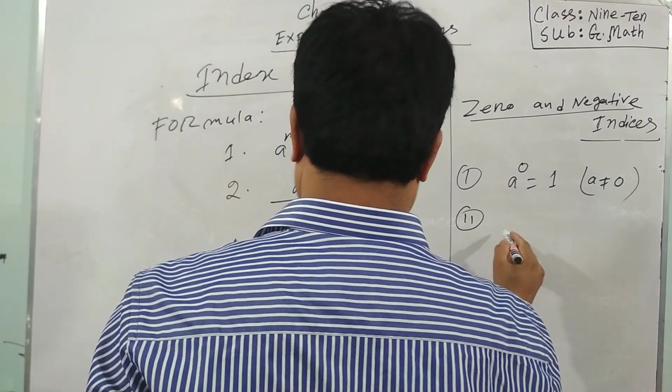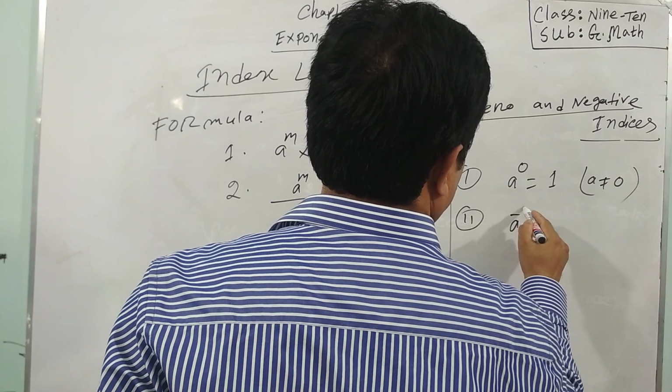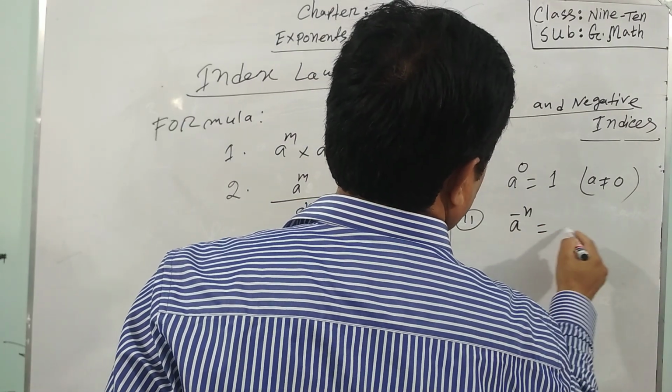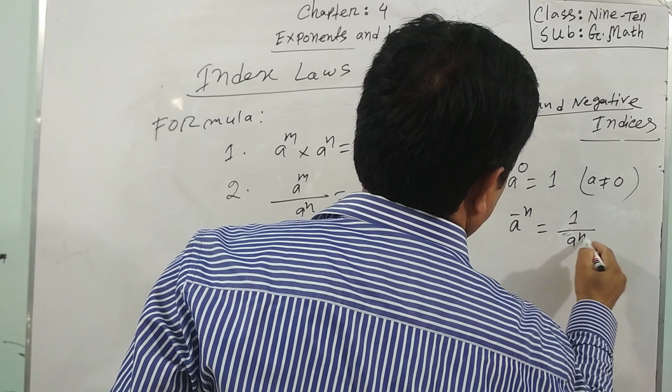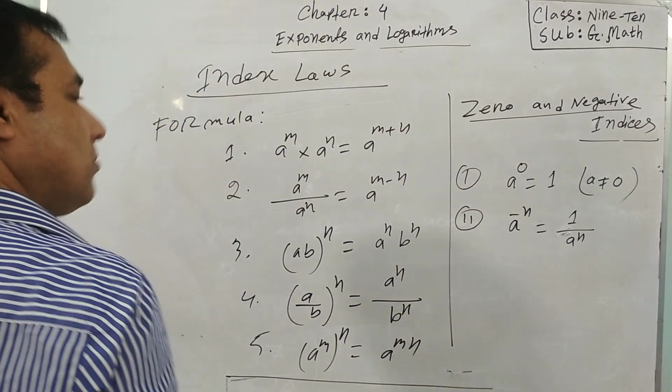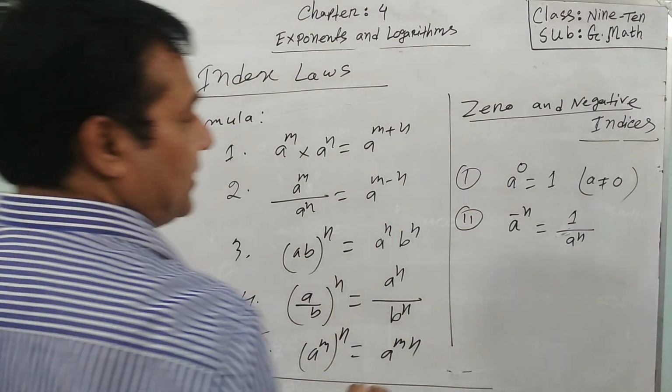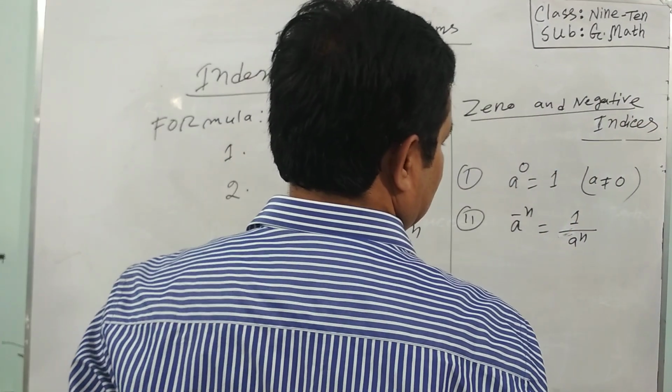Number 2: a to the power minus n equals 1 by a to the power n.